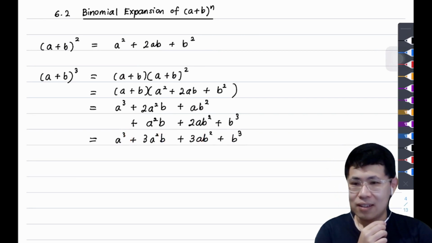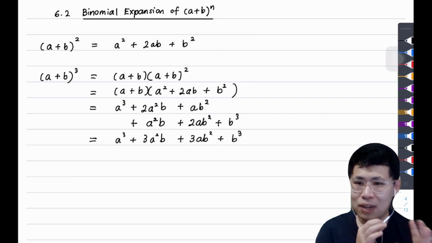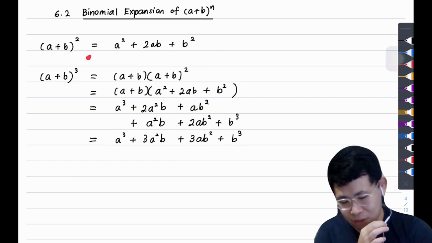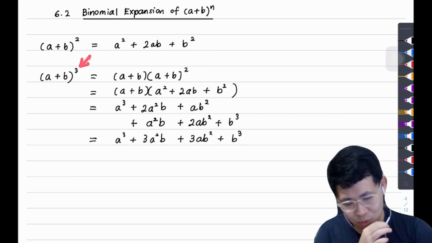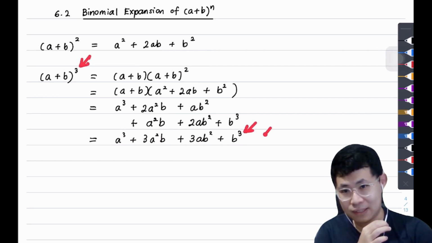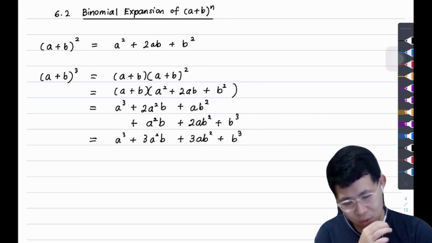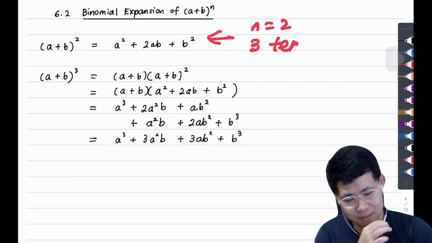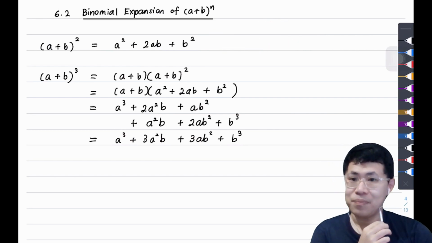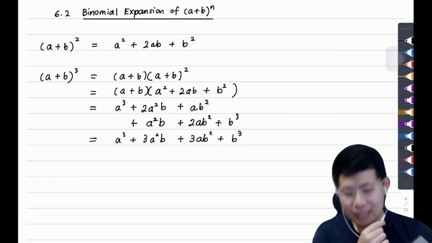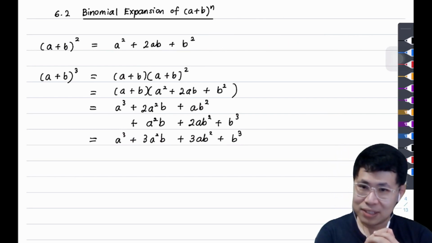And when you have cubed, you are going to get 4 terms, when n is equal to 3. Over here, n is equal to 2, and we get 3 terms. So n plus 1 terms. We have an interesting result over here.